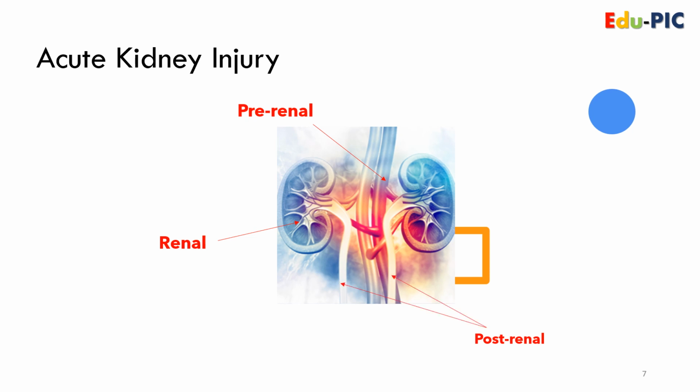Post-renal is more about obstructing the way where the kidneys usually would drain their output. So any reason that would affect the ureteric pathway all the way down to the urethral pathway, where you can get obstruction.